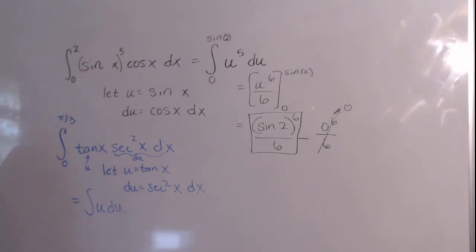The only thing we have to then change would be the bounds. So tan of 0 is 0. What is tan of pi over 3?